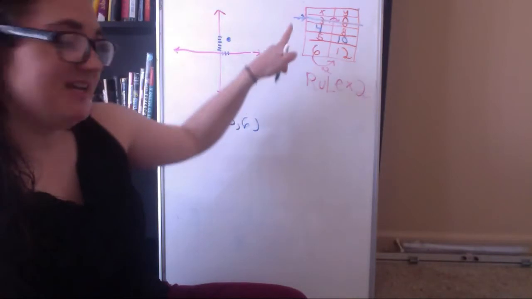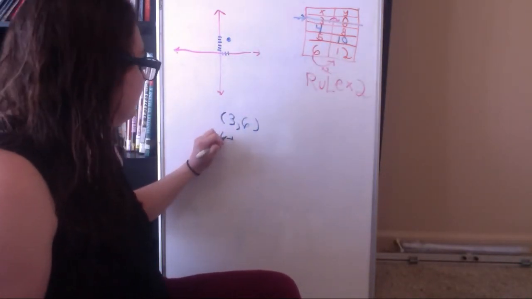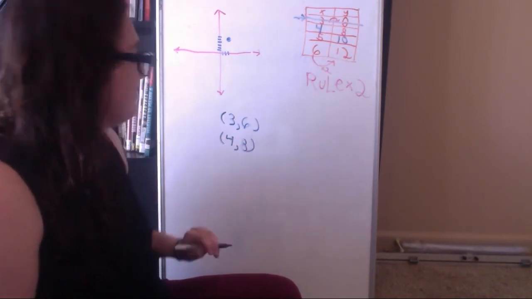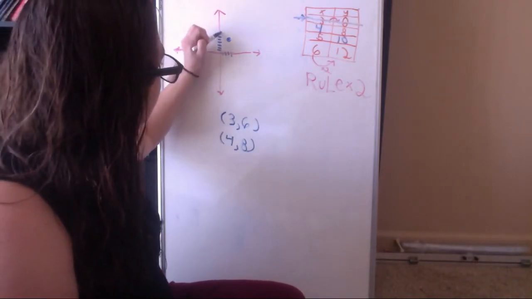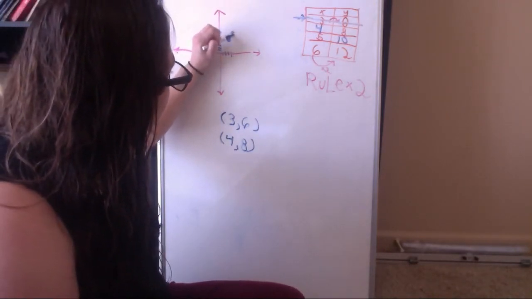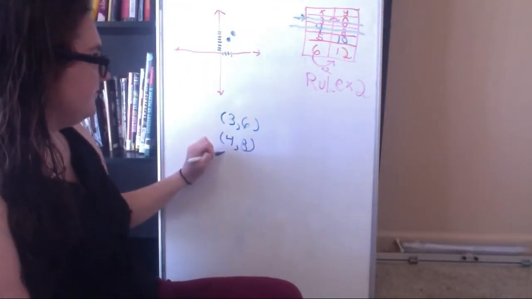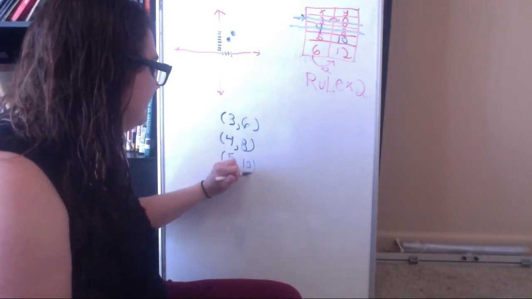My next one is 4, 8. So my ordered pair here is going to be 4, 8. They're both positive again, so I'm going to go over 4, up 8. Cross it off. My next one is 5, 10.